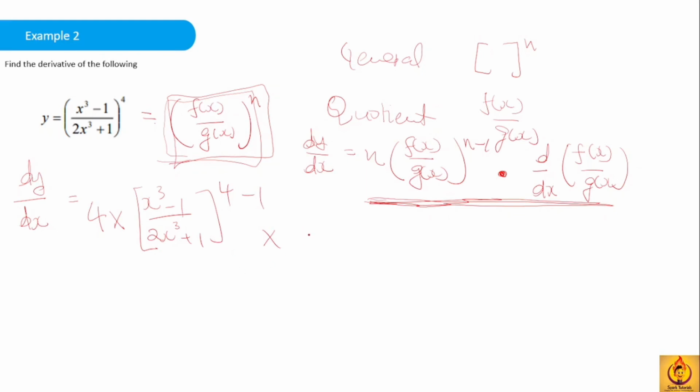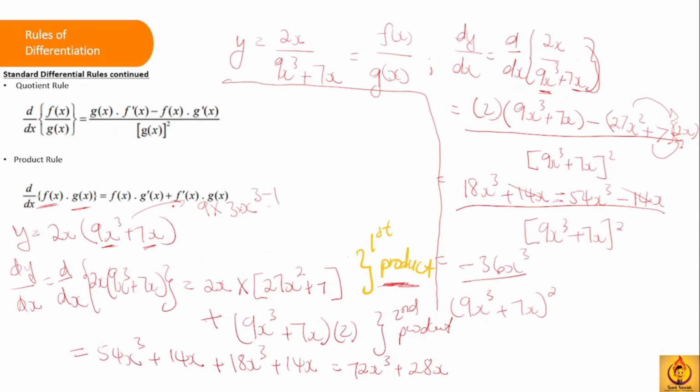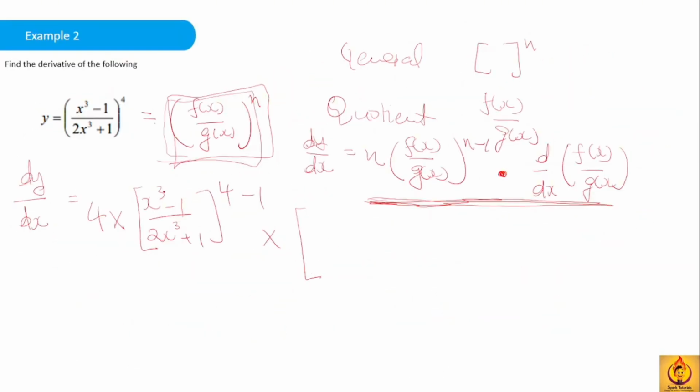So we're going to use the quotient rule. According to the quotient rule, we're supposed to find the derivative of the numerator. So the derivative of the numerator will be 3x squared, right? X cubed: you bring down the power, you multiply it by x to the power 3 minus 1. And then this is a constant, so it's going to be 0.